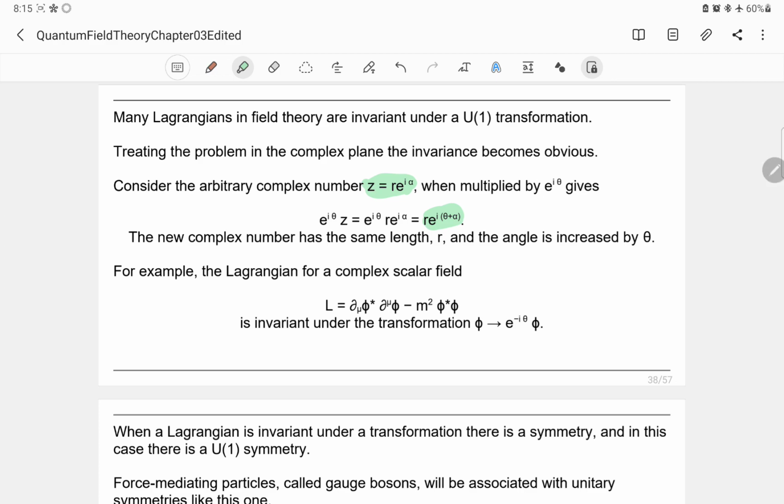As a simple example, the Lagrangian for a complex scalar field is written with a special L. So this is invariant under the transformation, this one here.